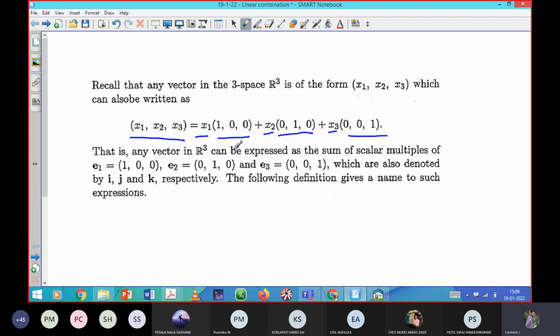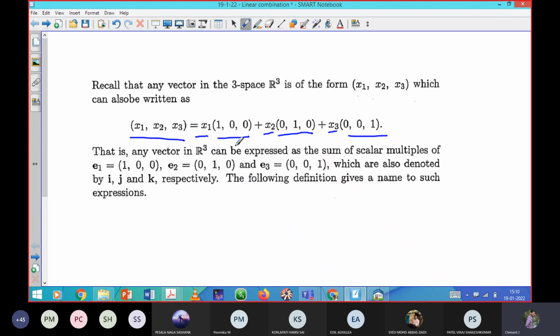So what I need to conclude is that any vector can be written in the form of a linear combination, with x1 into 1 0 0, x2 into 0 1 0, x3 into 0 0 1. It can be replaced by any other triplets also.